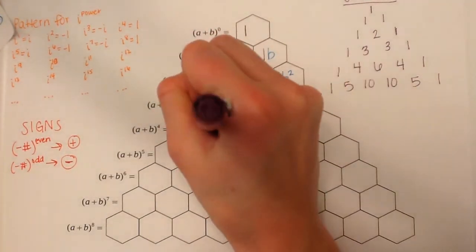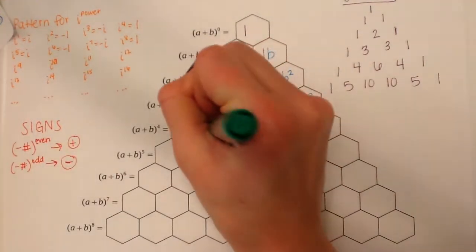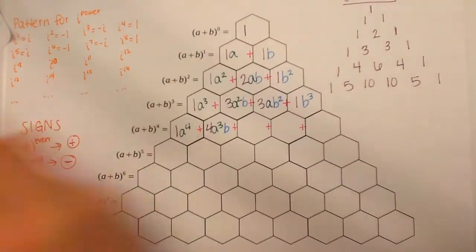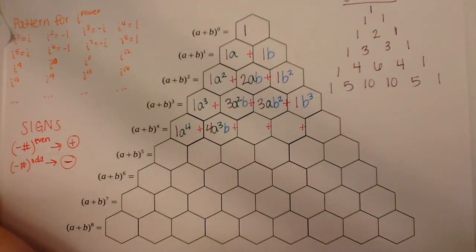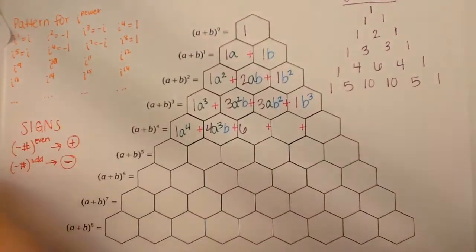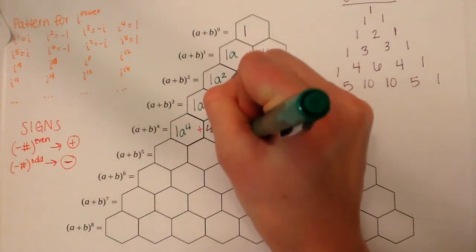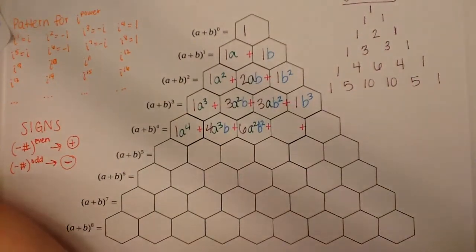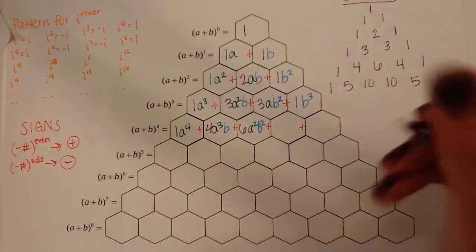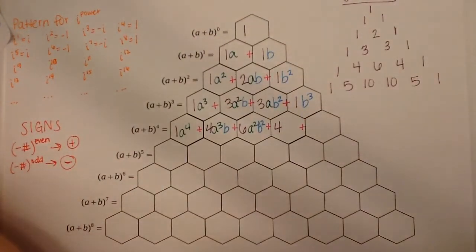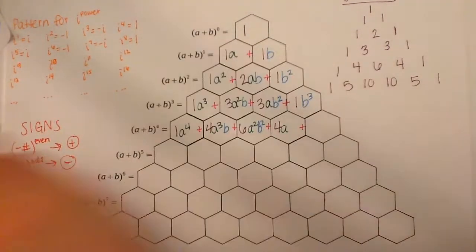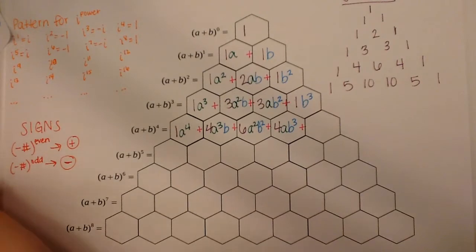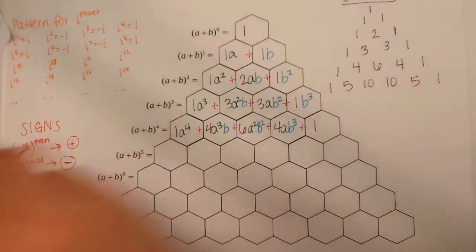Then we have 4a cubed b plus 6a squared b squared plus 4ab cubed plus 1b to the fourth.